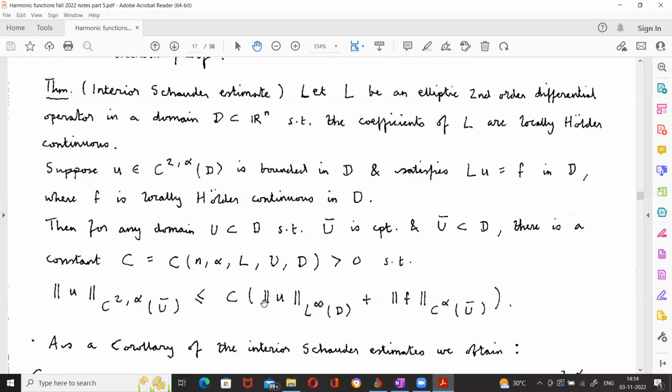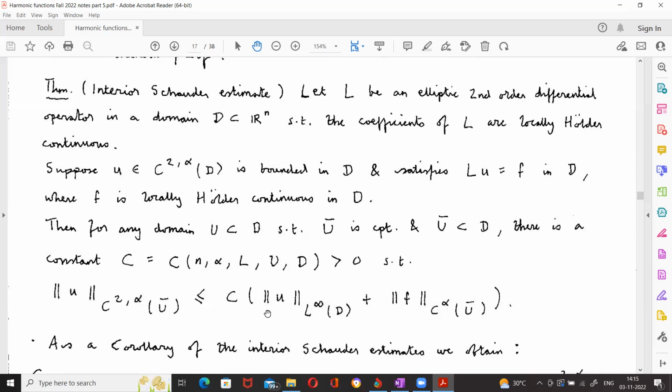Okay, so the Schauder estimates are a big generalization of that. In this case, we don't have an explicit Poisson kernel for the operator L, so we can't apply the same method, but these estimates are still true. All right. Is this okay?